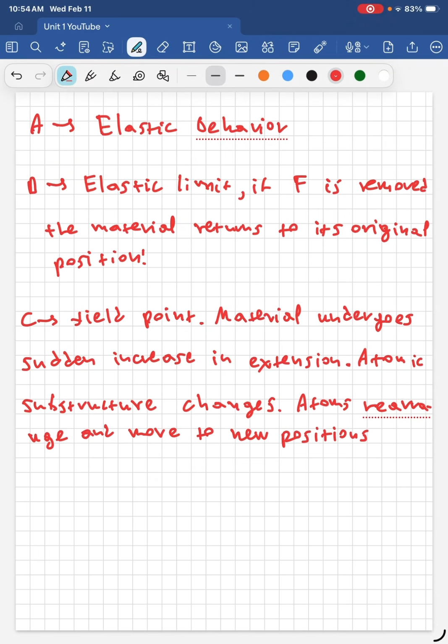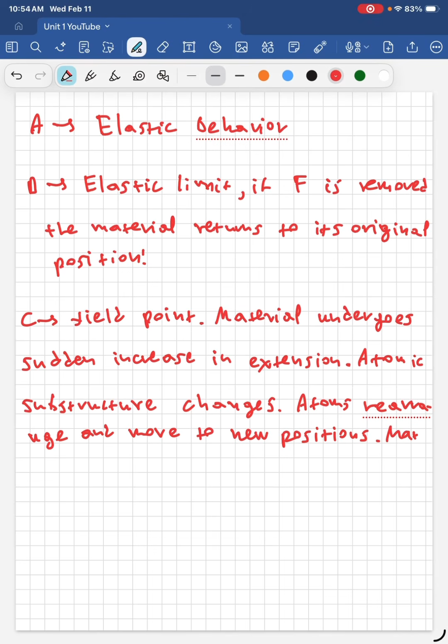Yield point means that the material starts yielding, giving, like it starts getting destroyed. It extends a lot. For those of you who played with materials, the yield point is where when you extend a material, it starts stretching uncontrollably. So it starts breaking.